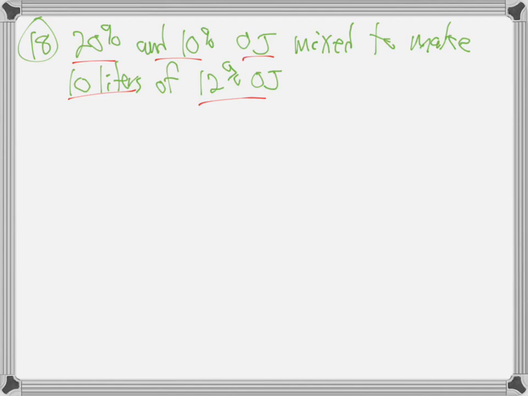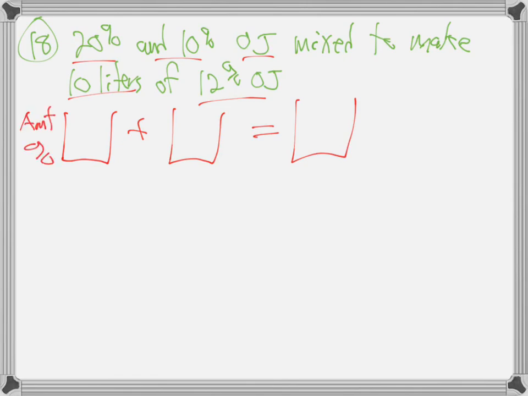Always do on mixture problems, remember? The bucket beaker things. Whether you call them buckets or beakers, either way is good. The first plus the second equals the final. And you put the percentages in the bottoms and the amounts in the top. So I'll go 20%, 10%, the final mixture is 12%.